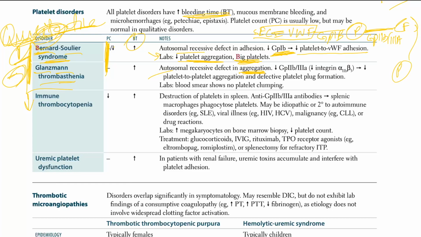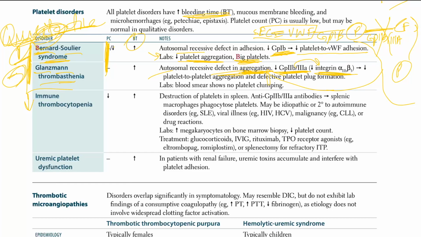So this thing is called aggregation. Now we have defect in aggregation, in which we have decrease in GP2B3As. When you don't have this, you cannot aggregate. You have decrease in integrin alpha 2B beta 3.